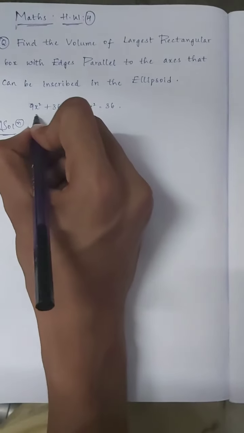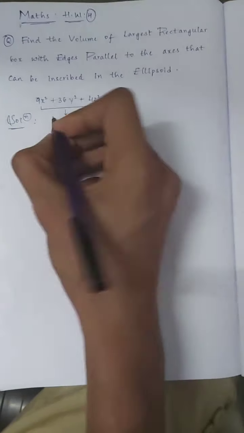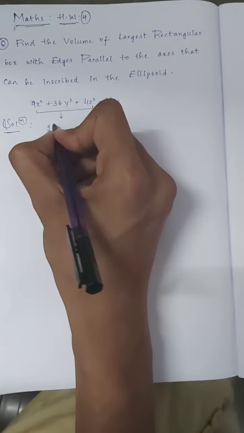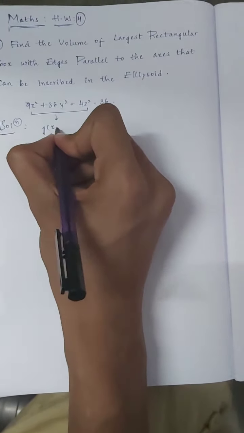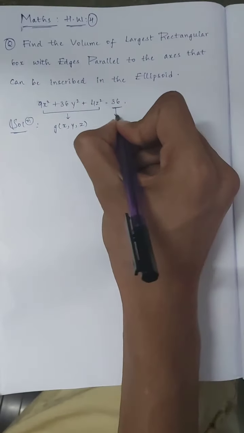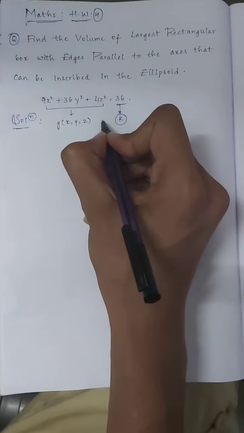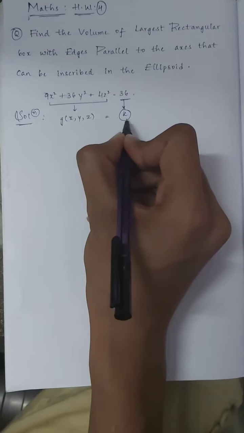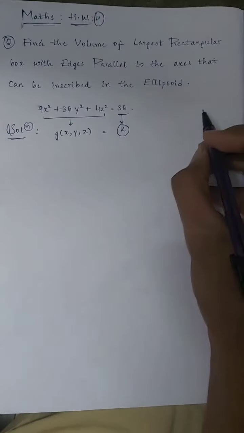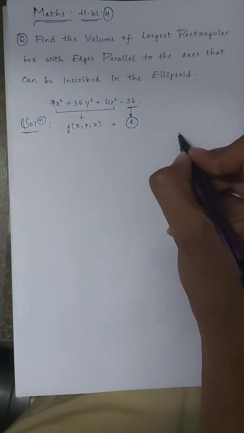So here this equation, let us assume that this is a function g in terms of x, y, z and this is the constant. Let us assume it as k. Here g of x, y, z is equal to k, and let us draw the rectangular box.